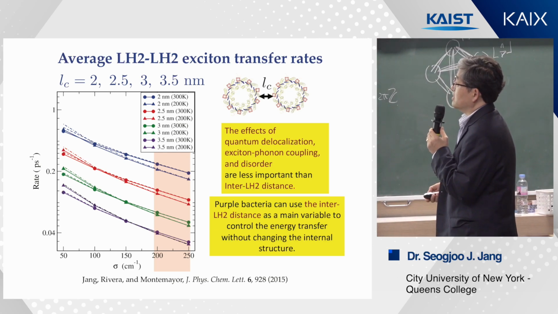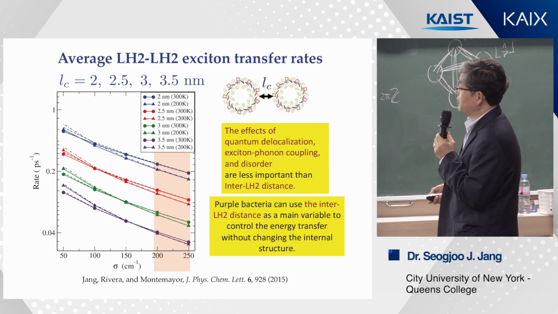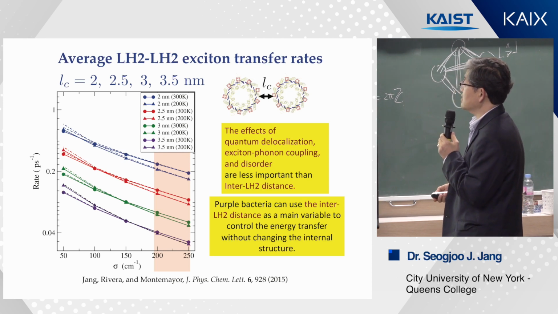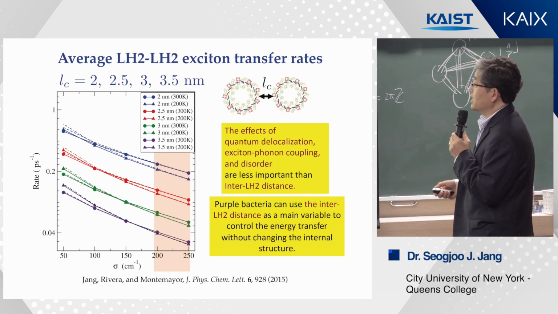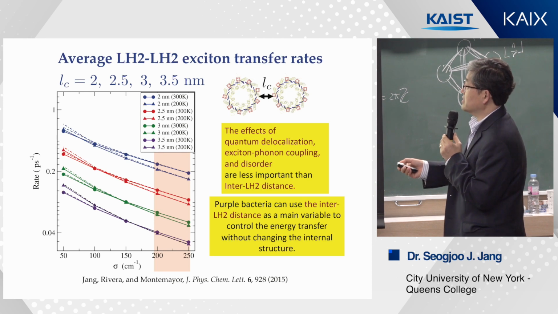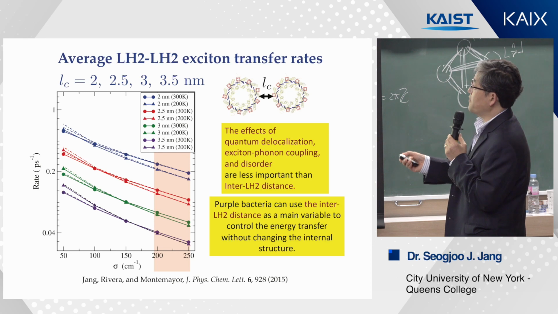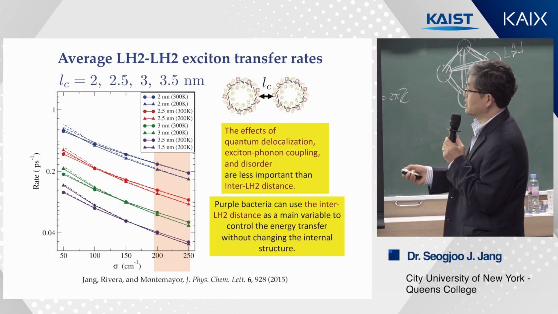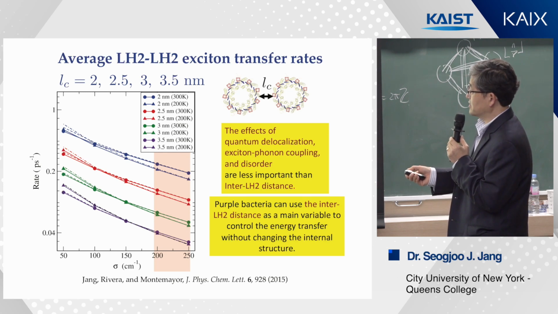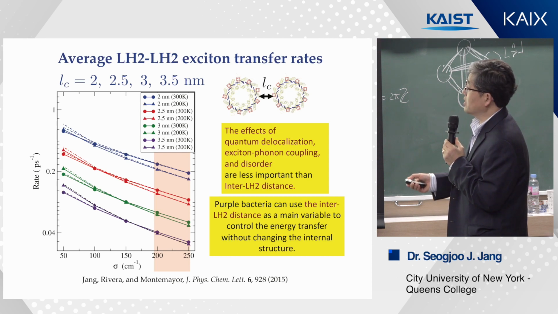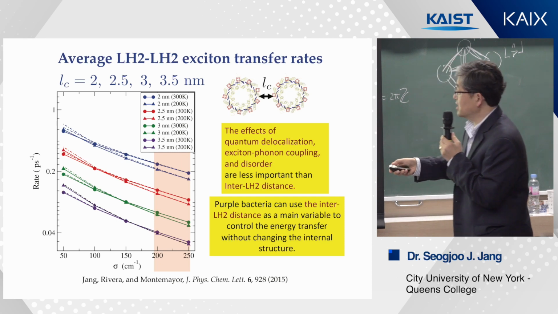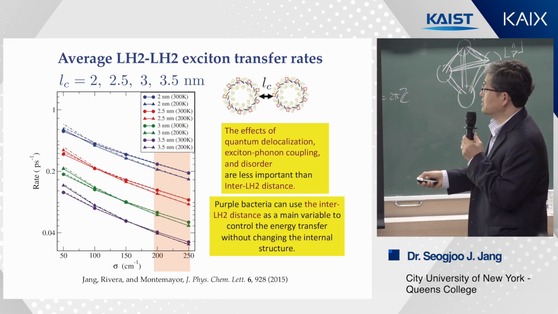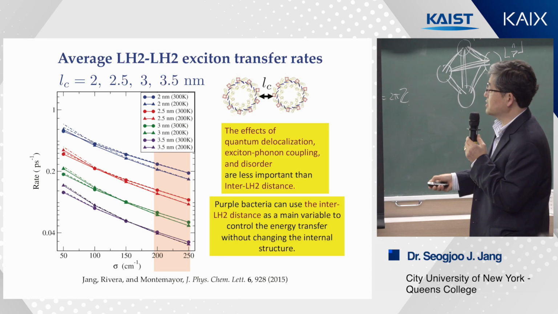We also did some more hypothetical study of the calculations. These are the dependencies of the transport rate as a function of temperature, distance, and the amount of disorder. This is a region of naturally occurring disorder.